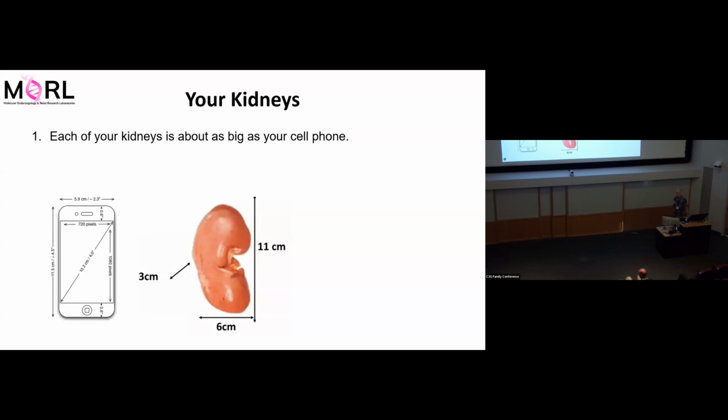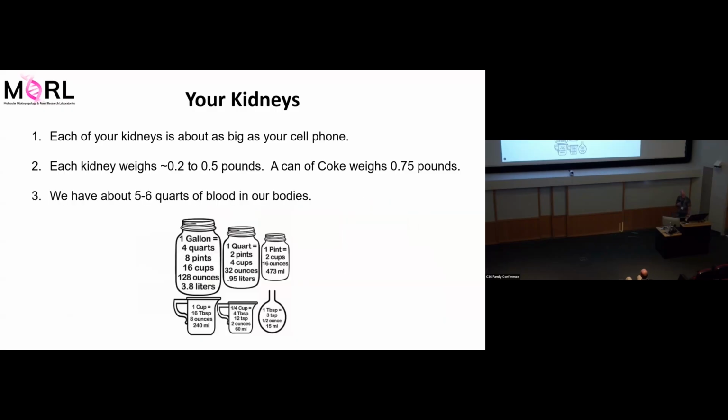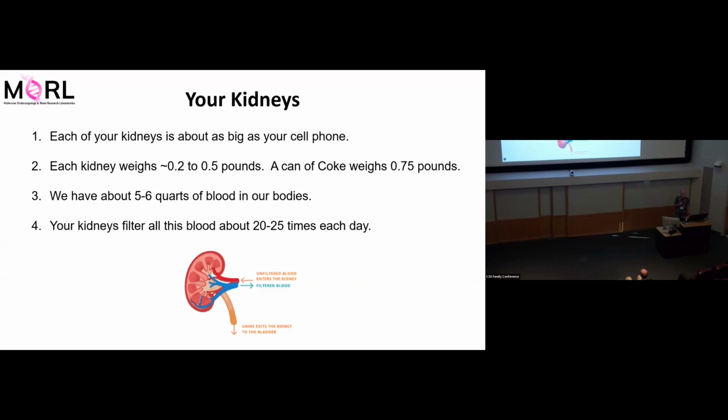So each of us has two kidneys, or most of us do. Some of us only have one. And your kidney is about as big as a cell phone. It weighs about half as much as a can of Coke. In your body, you have about 1.5 gallons of blood. And that blood is circulated and filtered by your kidneys 20 to 25 times a day.